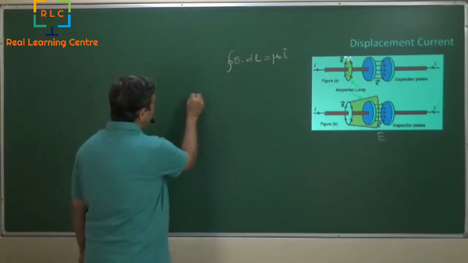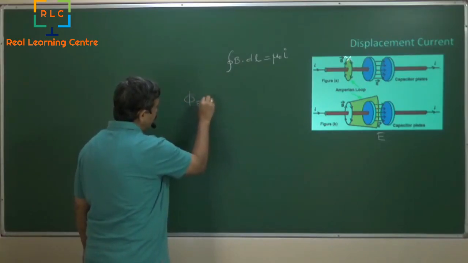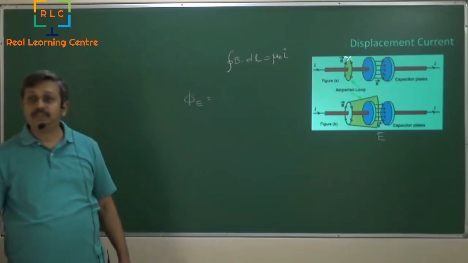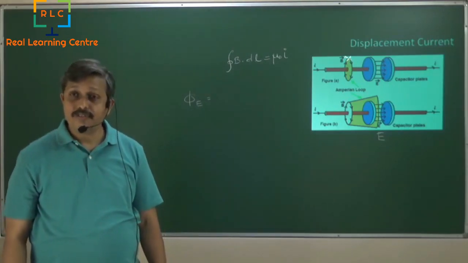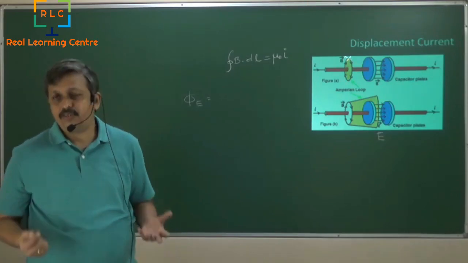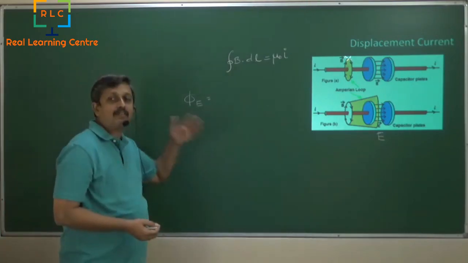So electric flux, I will say phi E. We used to use phi for magnetic flux, so I don't want to use the same phi. So we will use phi E, meaning electric flux.